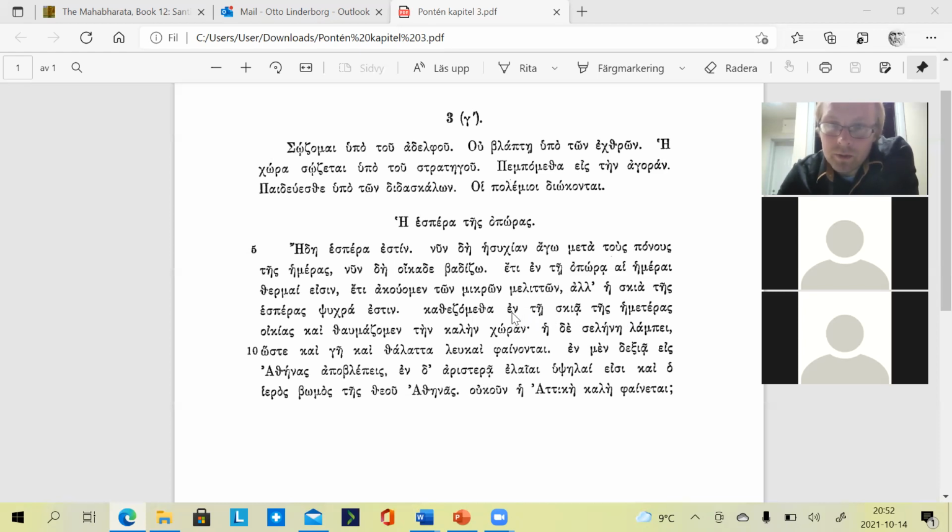It's in the dative case here because it's guided by this preposition en, in, ente skia, in the shadow. Katedsameta, we sit in the shadow, tes hemeteras oikeas, of our house. We sit in the shadow of our house.